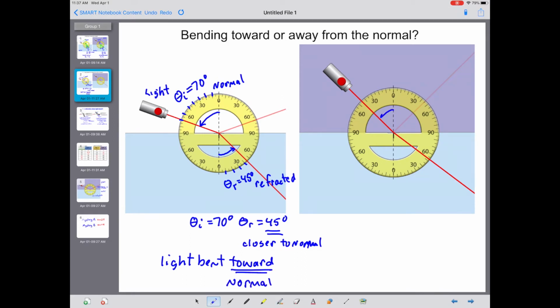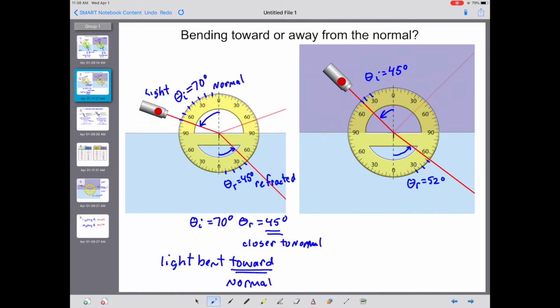Over here on the second diagram, similarly, if we measure theta I, let's see, there's 30, there's 40, we're about 45 degrees here. Theta R from the normal over, there's 30, there's 40, there's 50.